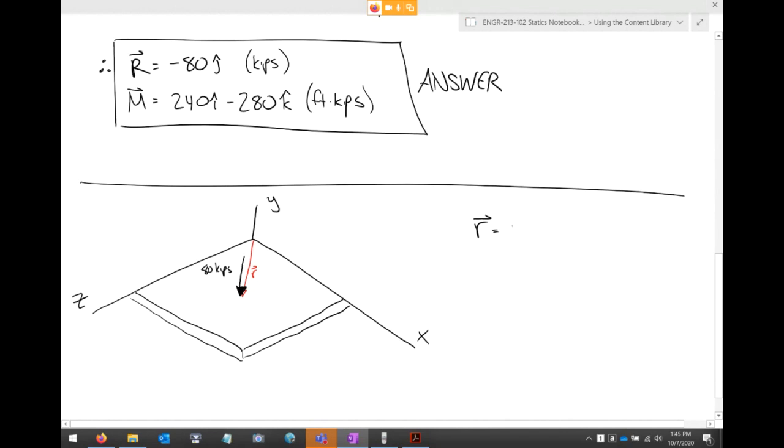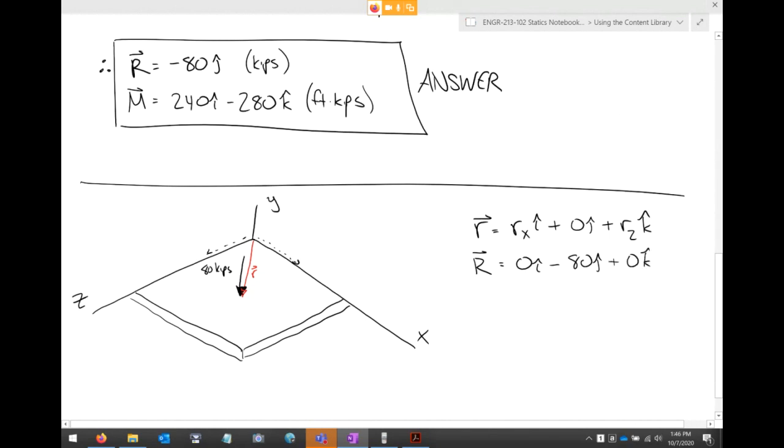I'm going to say that is some distance times i plus no distance times j plus some distance times k, right? Because I'm going to have to go some amount this way and some amount that way. But I don't know what they are, okay? And my resultant vector, again, was 0i minus 80j plus 0k.